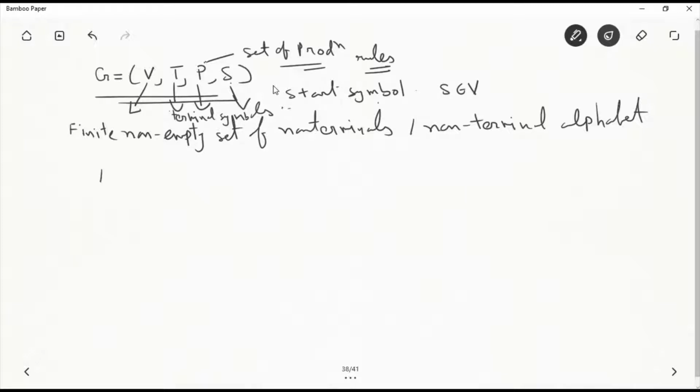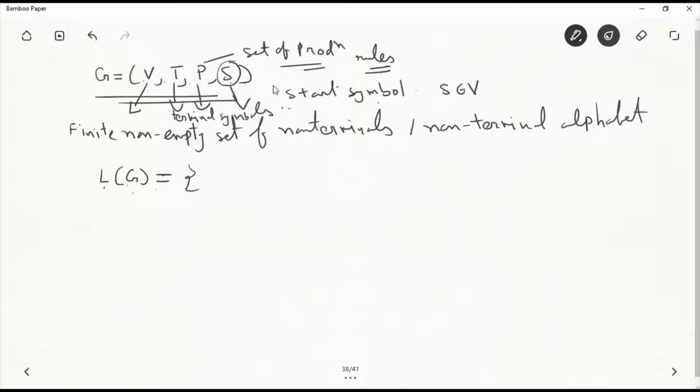Now if we want to find the language generated by this grammar G, then what we have to do? We have to find out the strings that are derivable from this start symbol. So the language generated by grammar G = (V, T, P, S) is the set of terminal strings derivable in the grammar from this start symbol.